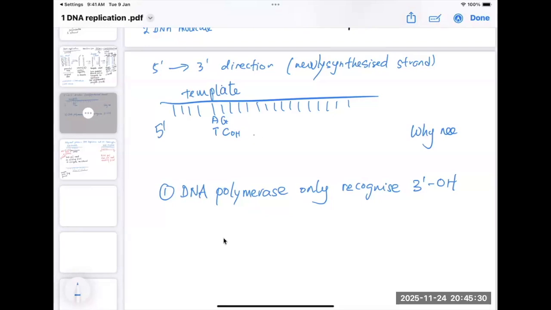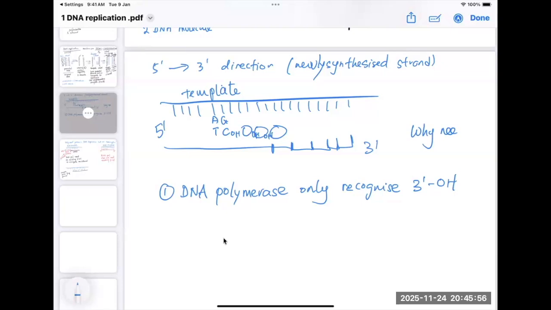So they are joining from here. They join one more here, and this one provides the OH, then the next one joins here. This one provides OH, then the next one joins here. So this one is fixed already, right? Now the next one adds here, next one adds here. So it looks as if it is moving from 5' to 3'. Do you see or not?